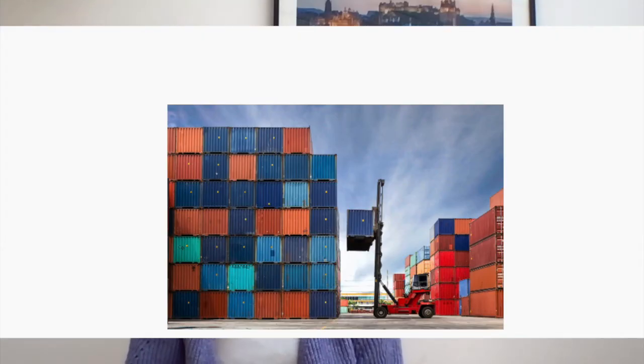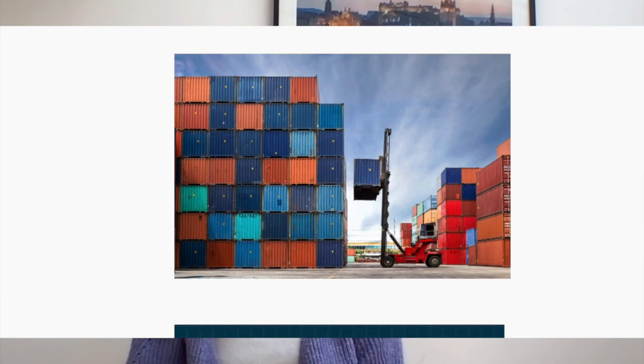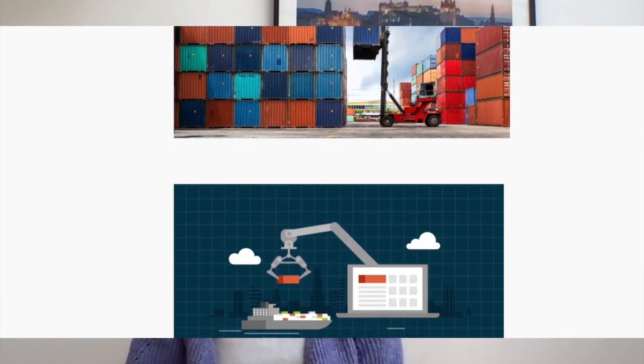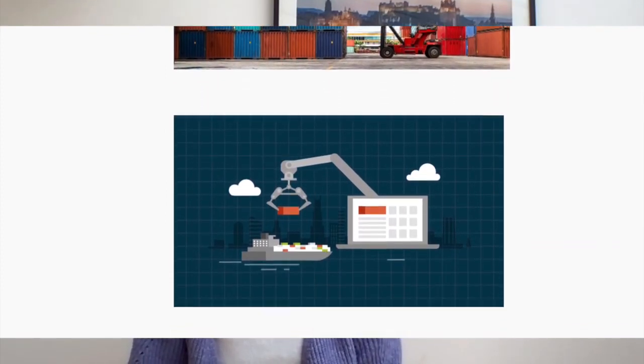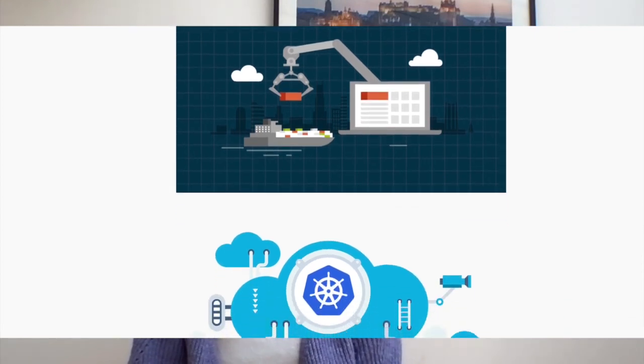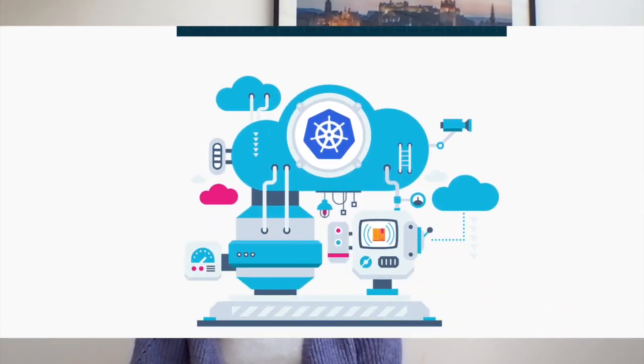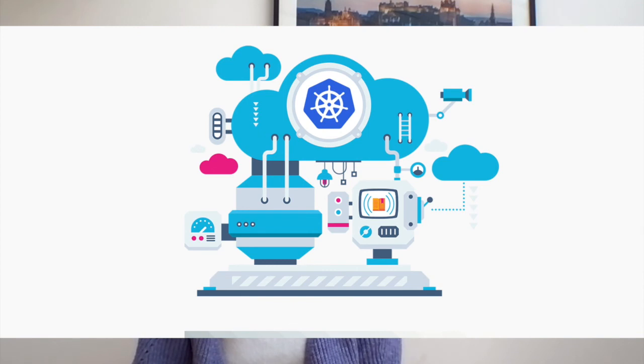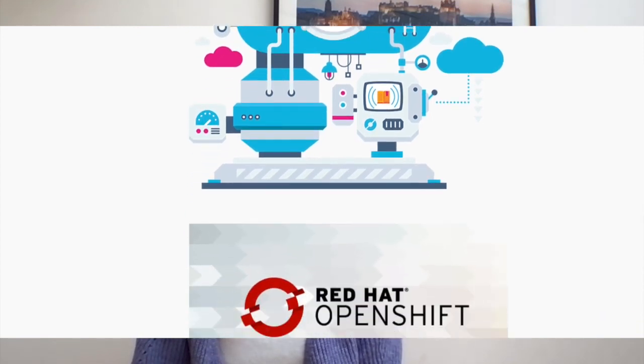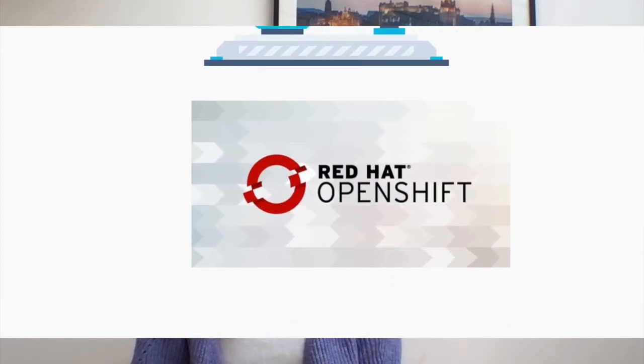So what have we covered today? We've spoken about containers and we've spoken about the components that are needed to understand what a container orchestration platform is. We've looked at a few examples of these, like Kubernetes, and finally we moved on to OpenShift. OpenShift is the brand new industry standard for container orchestration platform in the modern DevOps world.